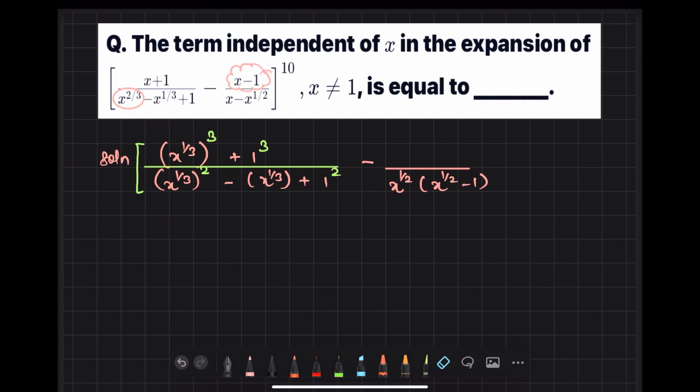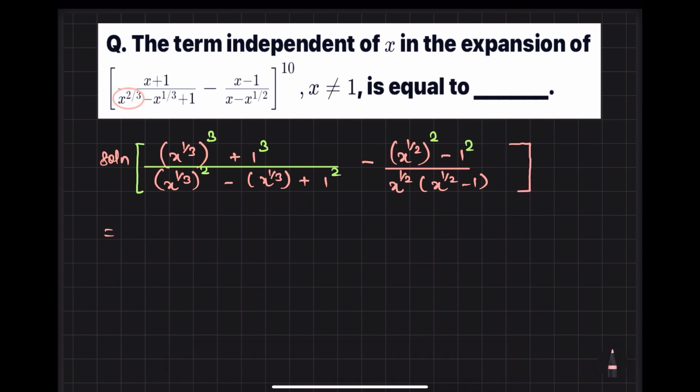Can I write the numerator as (x power 1 by 2) power 2 minus 1 ka square? Just tell me, can we do so? I hope you guys are getting the manipulation.